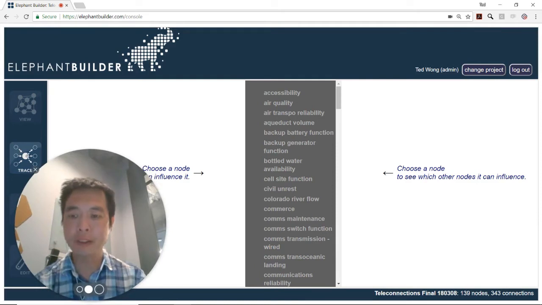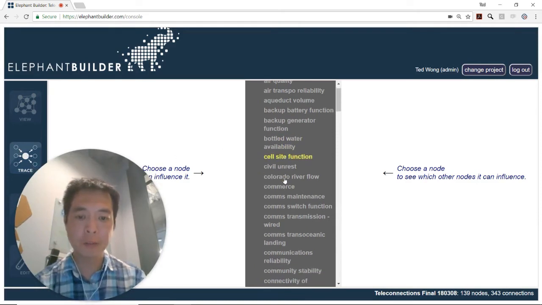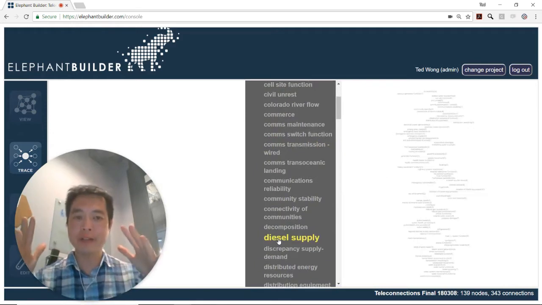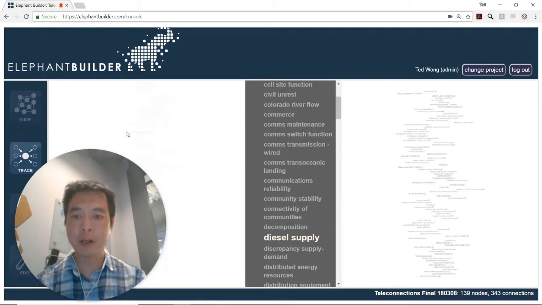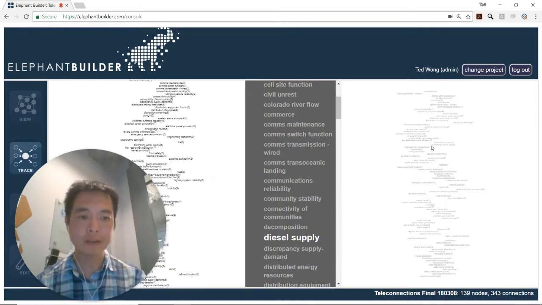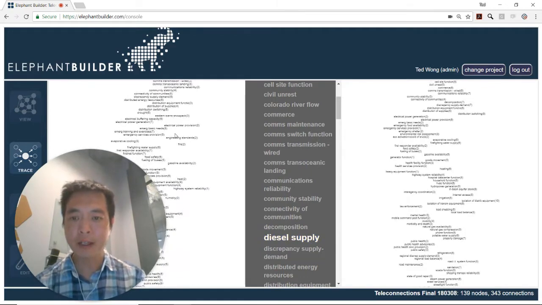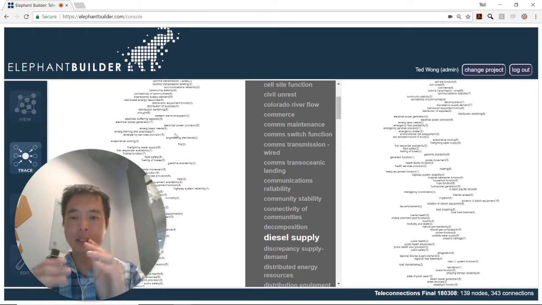And what happens when you click on trace is that you have the opportunity to view these long causal paths that are made up of many nodes and many arrows. So what I get when I click on one node, in this case I clicked diesel supply, is in the left panel, I get a list of all the nodes that have any kind of impact on diesel supply.